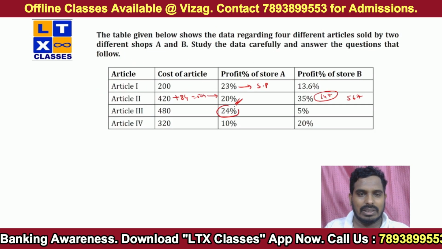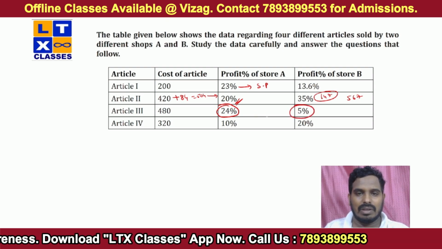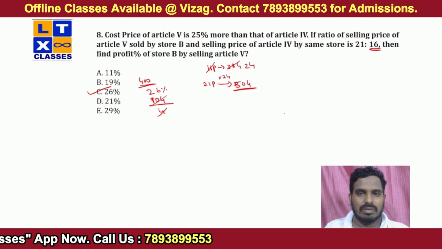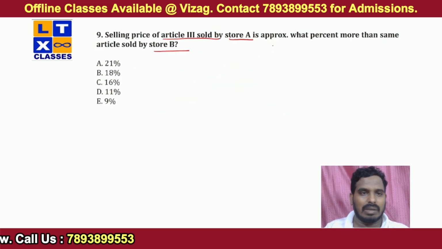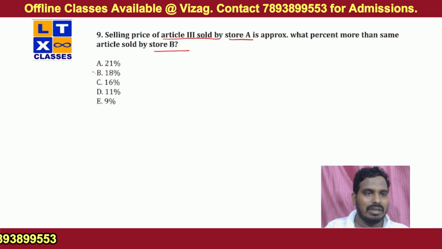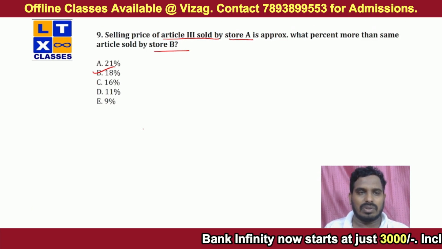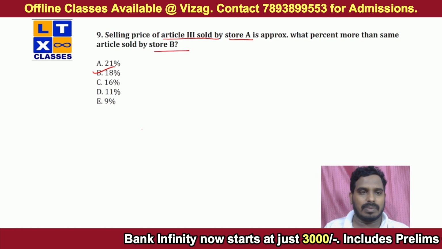And out of 480, he is comparing this 24 and 5, which is approximately equal to... Approximately is asked, right? Approximately equal to 19, which is 18. Clear? He is comparing here the same quantity. He is comparing the profit ratios on the same quantity, on the same cost price.